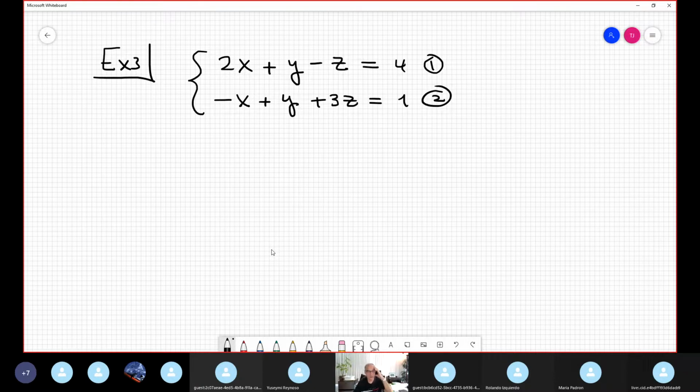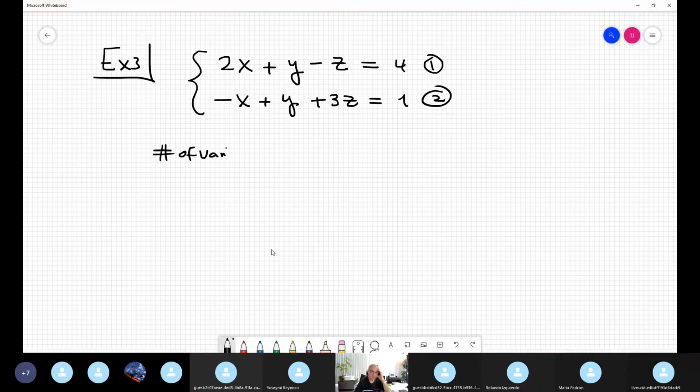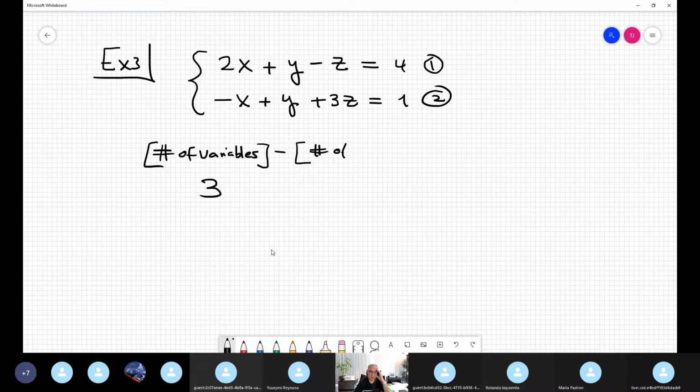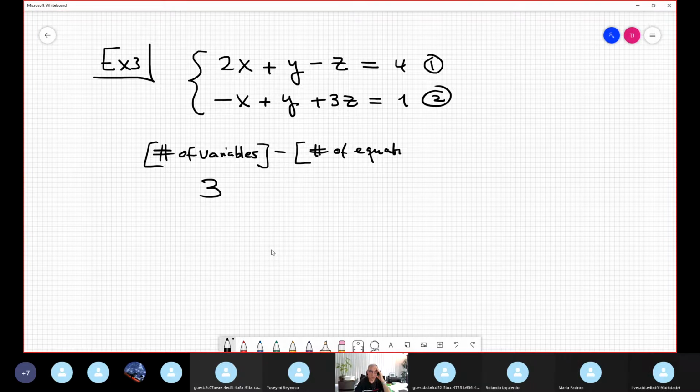The number of variables is obviously 3, and the number of equations is 2. We have 1 degree of freedom.